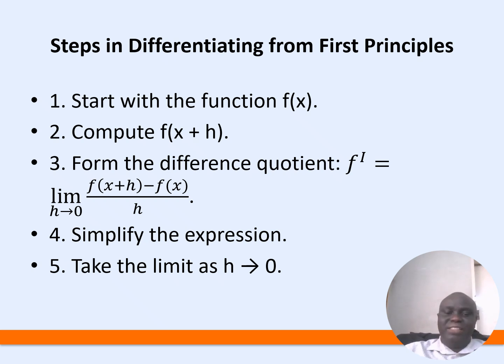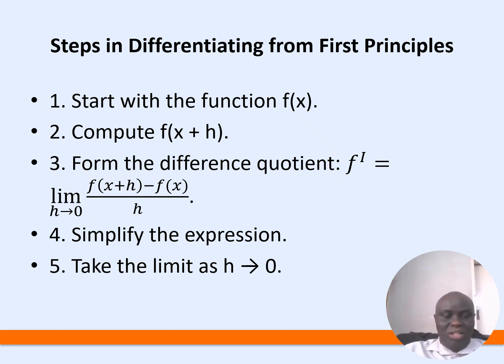Then simplify the expression. The last step is to take the limit as h tends to 0. These are the major steps you follow when you are doing differentiation from first principle.